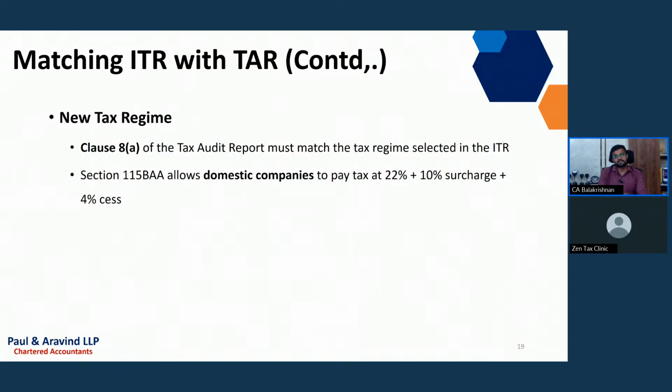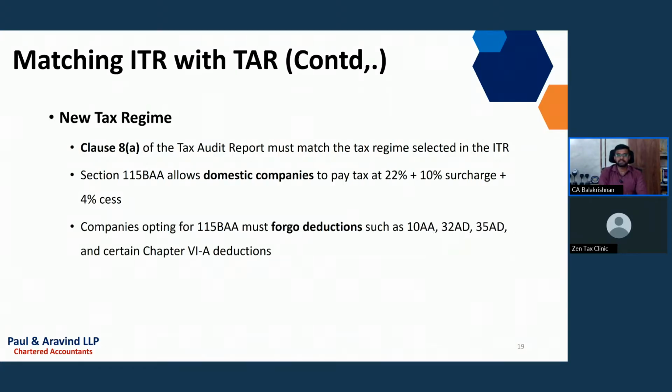Because if the assessee has not opted for 115BAA, then the minimum alternate tax provisions under section 115JB are applicable to the assessee. If MAT is applicable, then the assessee's chartered accountant needs to file Form 29B for claiming MAT credits or MAT deductions.